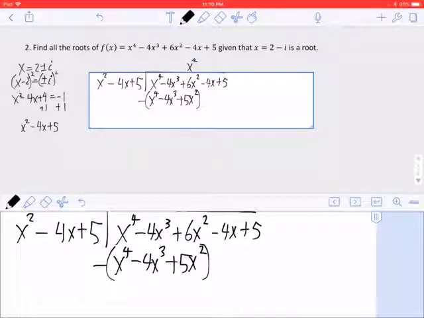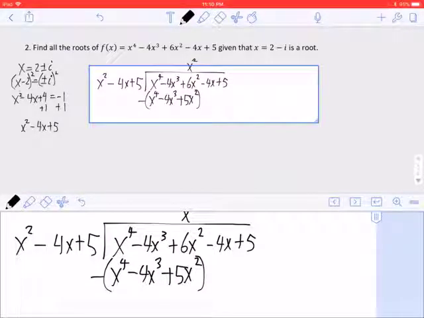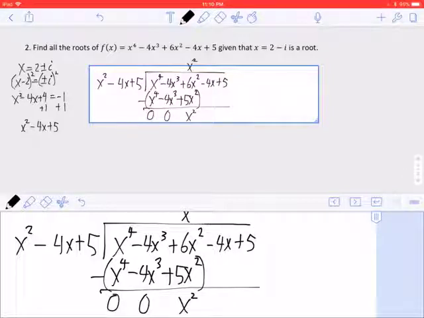And that gives us, so both of these go to 0, and then 6x squared minus 5x squared is 1x squared.